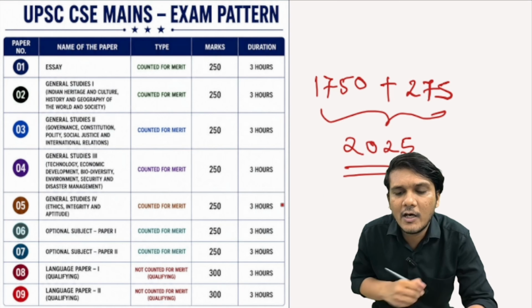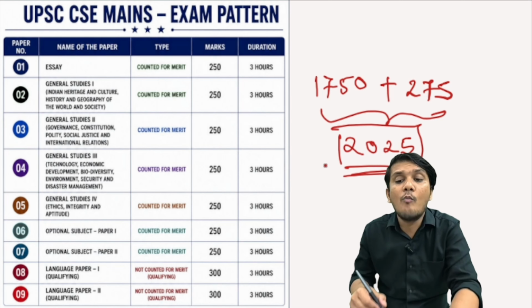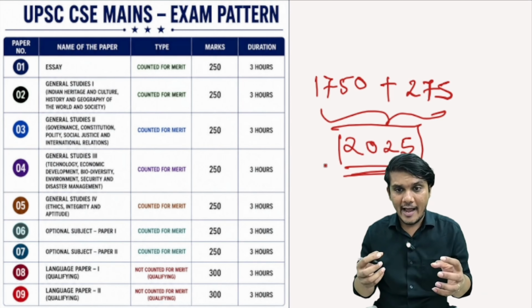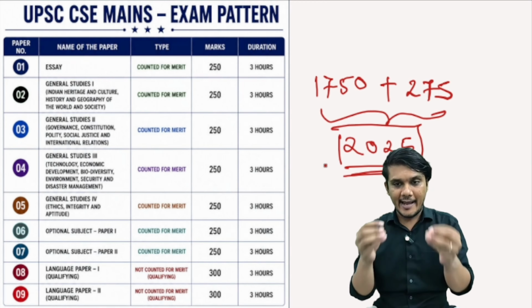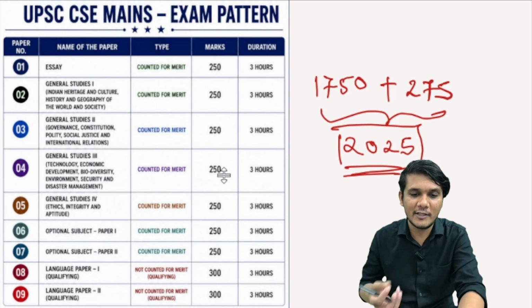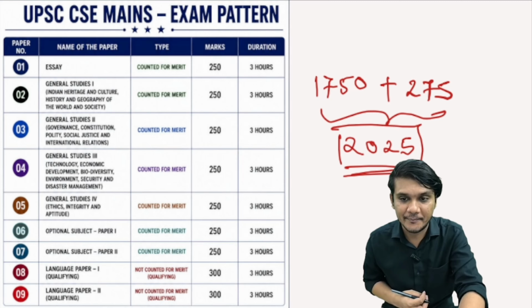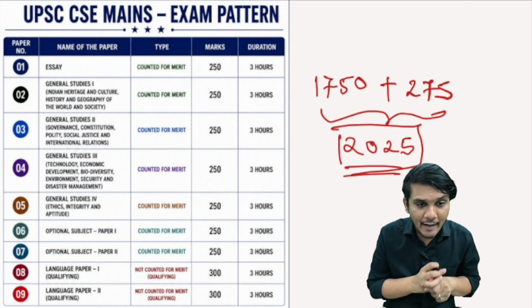Out of this 2025 marks, how much you score will decide whether you are there in the final list or not. If your name is there in the final list, then congratulations, you will be selected. So basically, this is what the pattern of UPSC is all about.